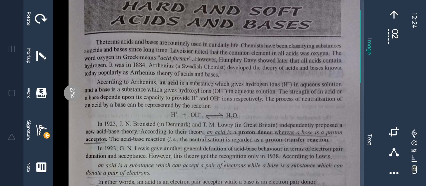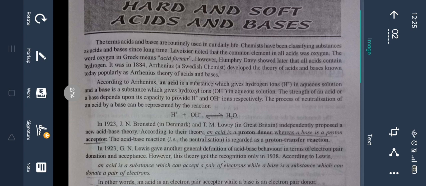It was in 1884 that Arrhenius, a Swedish chemist, developed the theory of acids and bases, popularly known today as the Arrhenius theory of acids and bases. According to Arrhenius, an acid is a substance which gives hydrogen ions, H positive, in aqueous solution, and a base is a substance which gives hydroxyl ions, that means OH negative, in aqueous solution.